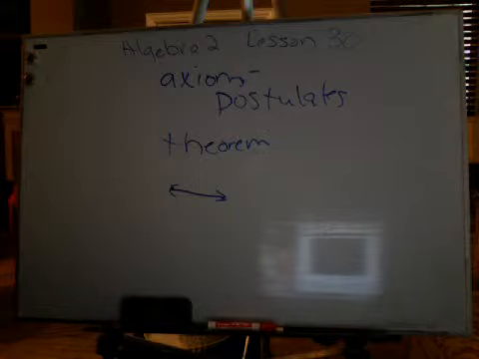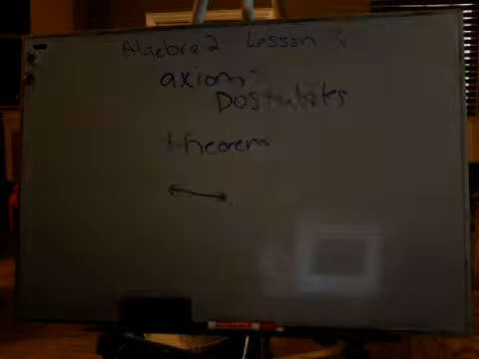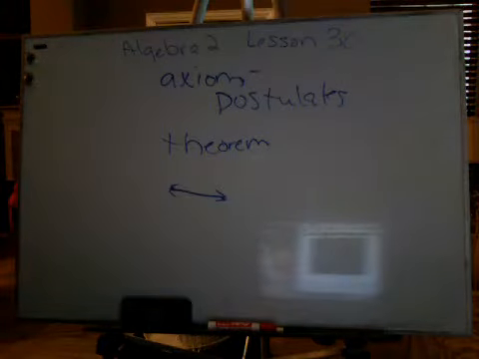Postulate 5 says given a line N and a point P not on that line, there exists in the plane of P and N, and through P, one and only one line, M, which does not meet the line N, the given line N. Postulate 6 says things that are equal to the same thing are equal.